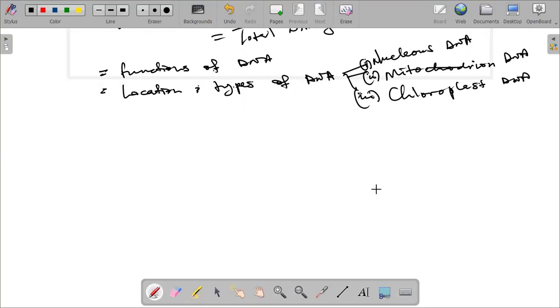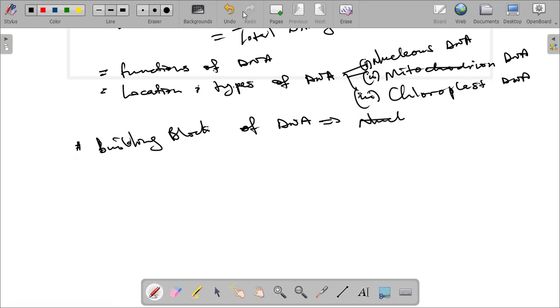Still on that, sorry, before that one, you should understand the building block of DNA, which you remember is the nucleotide.